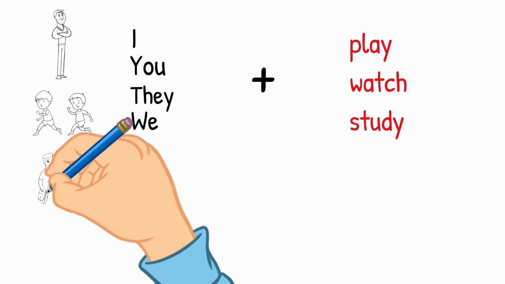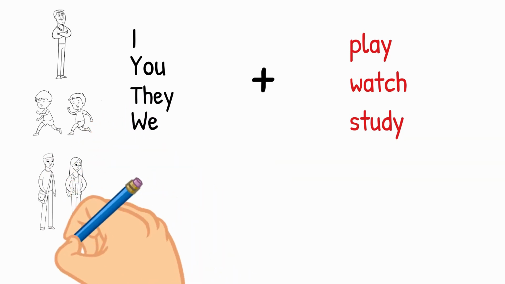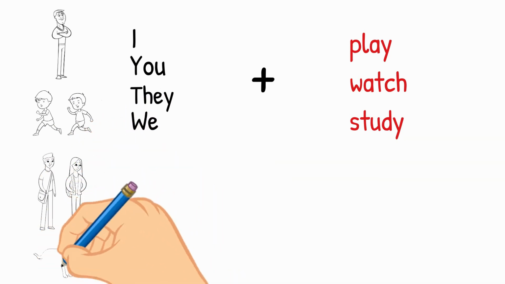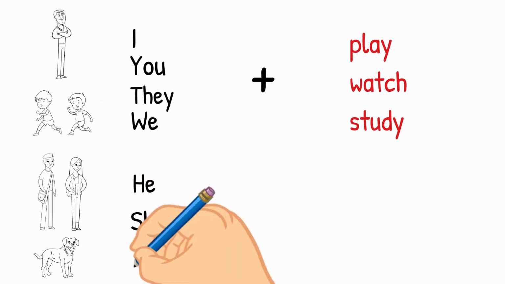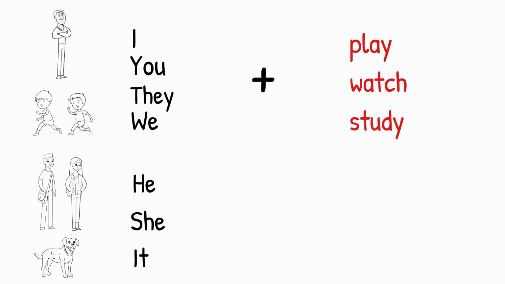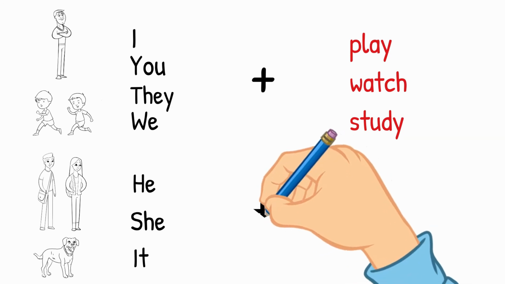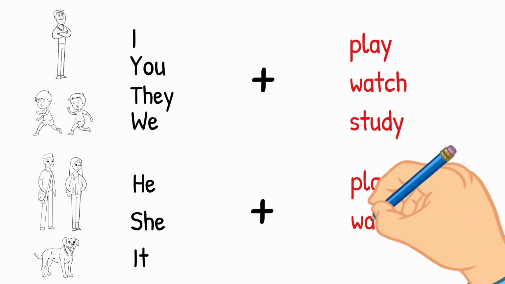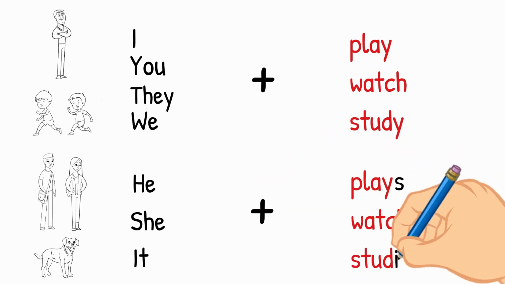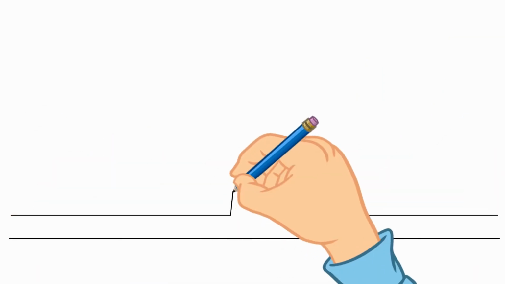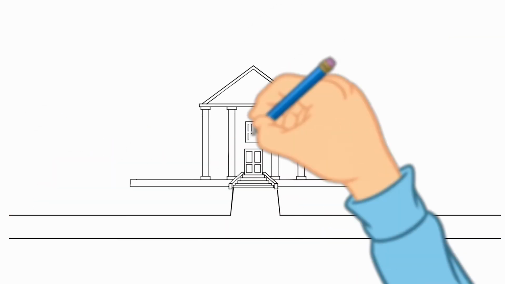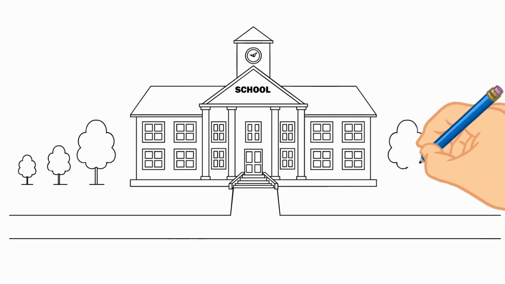But we'll change the spelling of the verbs when talking about other people, animals, and things. These actors use he, she, and it. There are 3 ways we do this: by adding s, like plays, es, like watches, and ies, like studies. But for now, let's focus on how to use and make simple present tense. We'll talk about the spelling and pronunciation of simple present tense in another video.